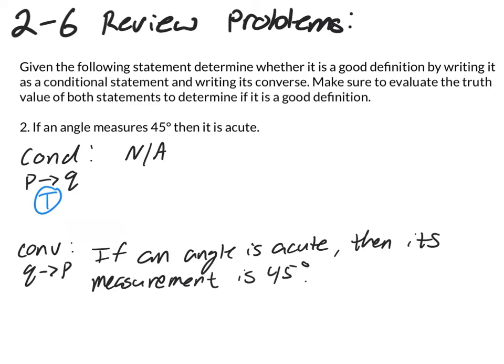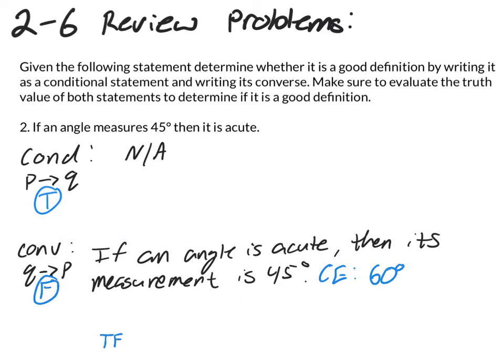Well, let's see if I can think of a counterexample. So if an angle is acute, this statement is saying its only possibility is to measure 45 degrees. Well, what about a 60-degree angle? That's still acute, but it does not measure 45 degrees. So I've just proven this statement to be false.